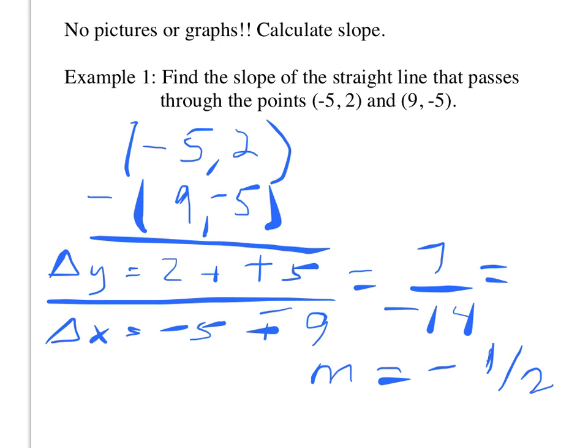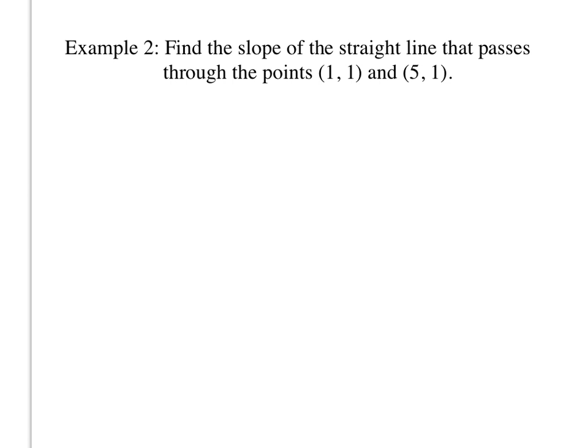Okay, let's do another one. Find the slope of the straight line that passes through the 2 points 1, 1, and 5, 1. So both those points are in quadrant 1. So to calculate the slope, we're going to stack our points, 5, 1, and subtract.